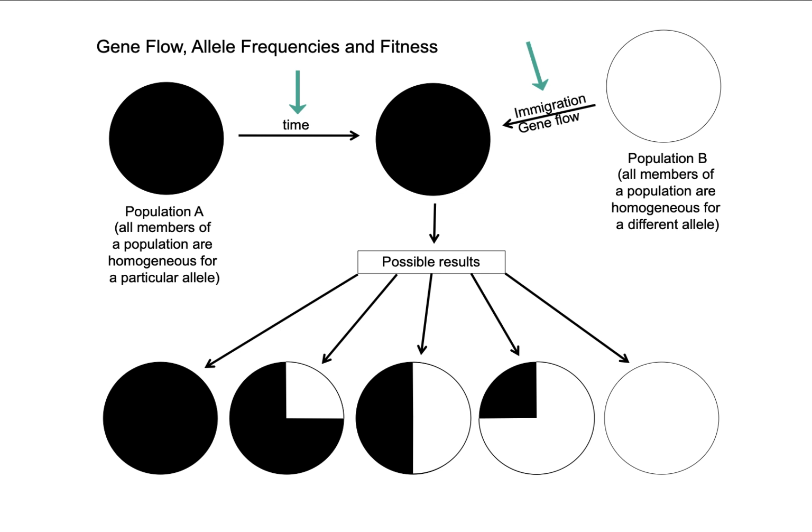Depending on the size of the immigrating population as well as the original population, the results can vary from having no gene flow, even though a few individuals enter that population, to having an allele or a gene completely take over within that population. And that would usually only happen when it's a very advantageous allele or gene.